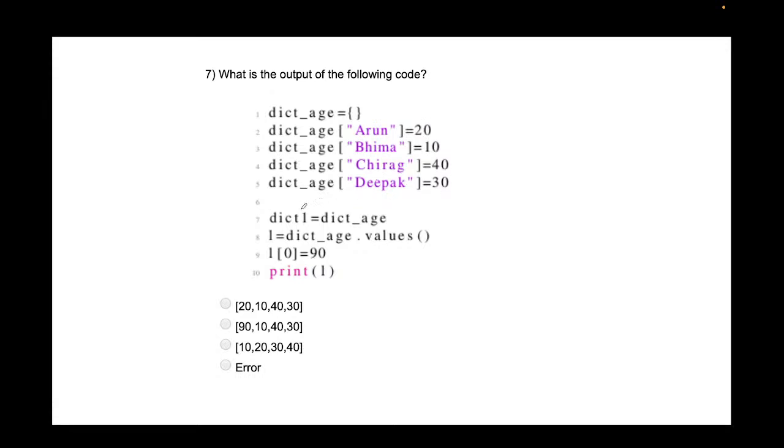We are defining this dictionary dict_age that is captured in dict1. Then we are generating a list that contains the values in the dictionary dict_age, so all these ages 20, 10, 40, 30, etc. will be captured in the list L.